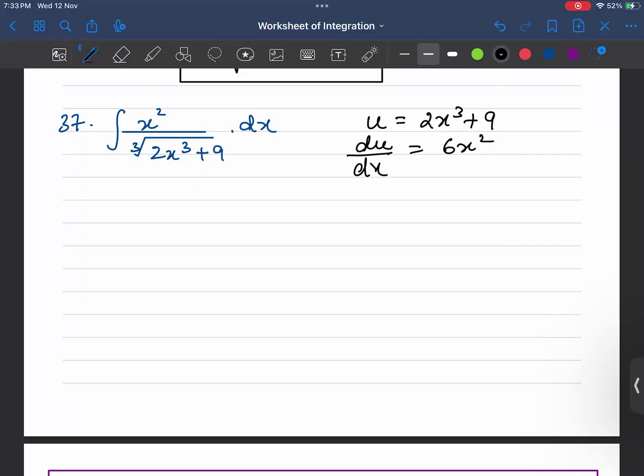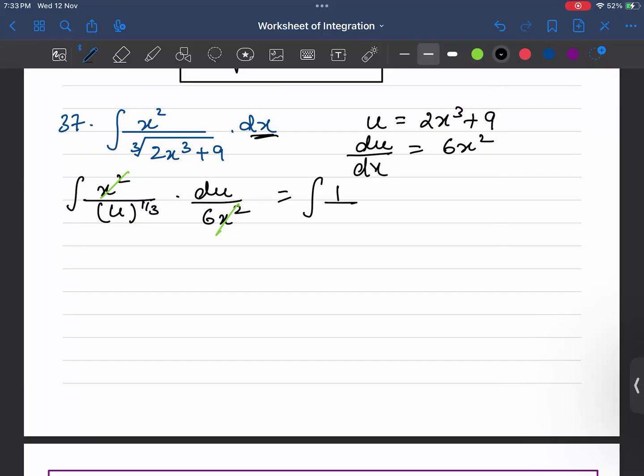I think it's clear when we are differentiating it. I can write x square and u power 1 upon 3, and in place of dx, I will write du upon 6x square. I can see x square is cut with the x square.